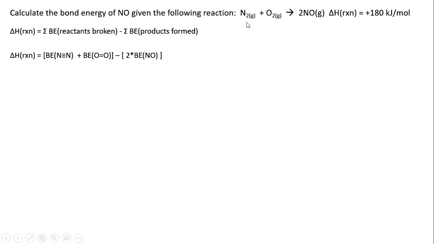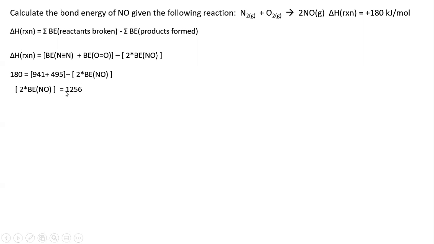So we'll see we have 1 nitrogen-nitrogen triple bond, 1 oxygen-oxygen double bond, and then we have 2 of the NO molecules. So we're going to have 2 NO bonds. We plug in delta H, we plug in the bond enthalpies for the reactants.